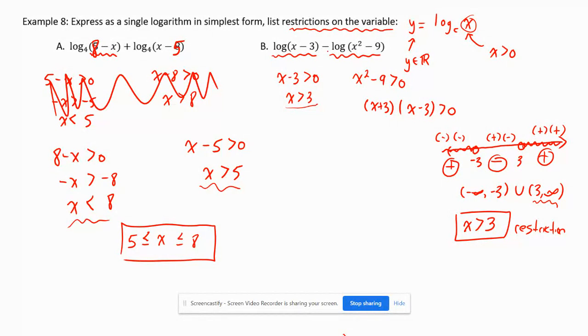So if I'm subtracting these two, that means I can combine them using division. So this is going to be log of x minus 3 over x squared minus 9, which is log of x minus 3 over x plus 3 times x minus 3. And these guys cancel out. We have a 1 in the top.